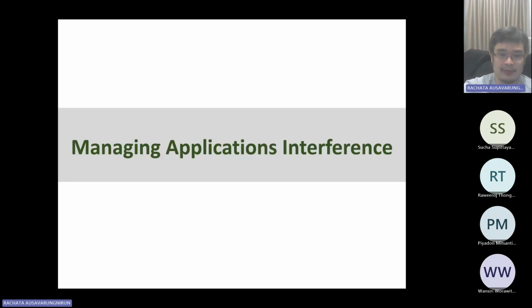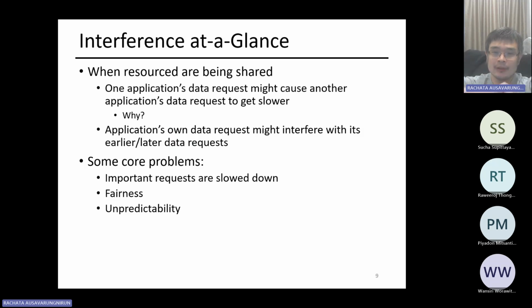So the first problem is, how do I share resources? I will wrap this under the topic of how do I manage what many people call application interference, because the word interference suggests that one guy interferes with another and slows the other person down. So the quick problem at a glance is, let's say I share the resource.